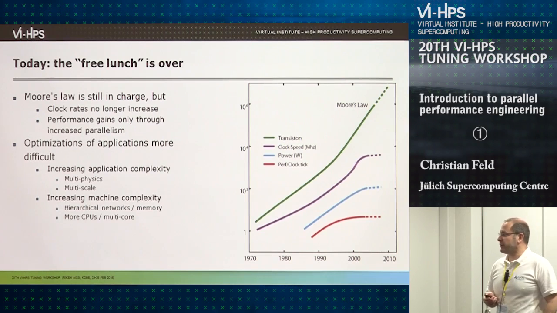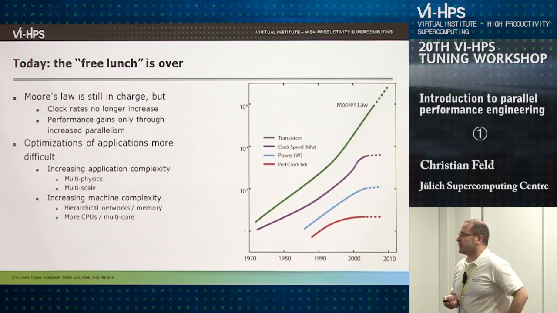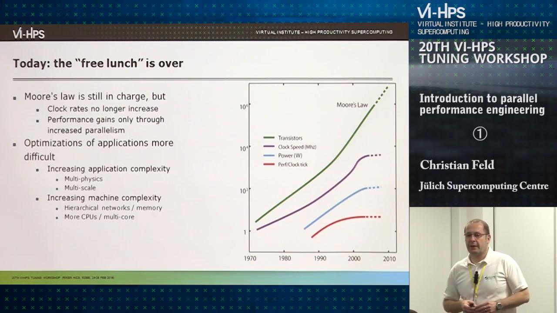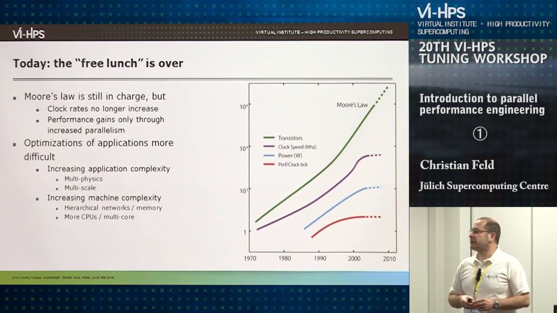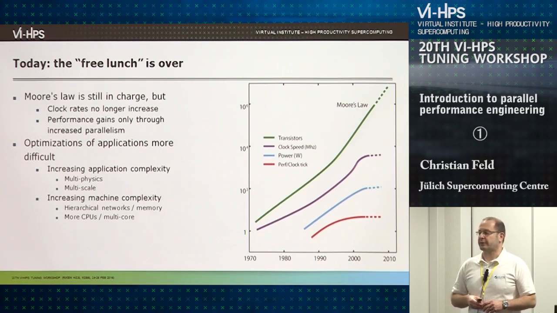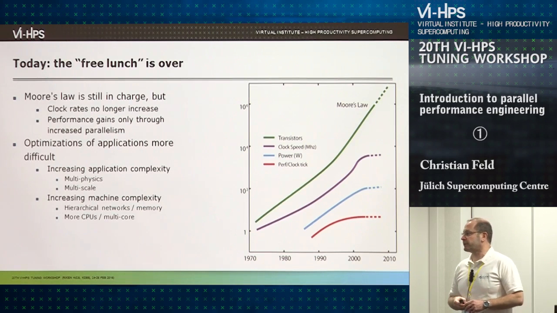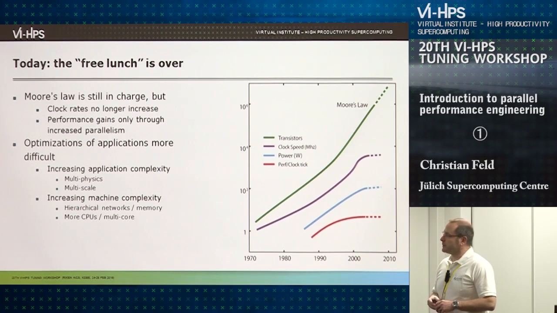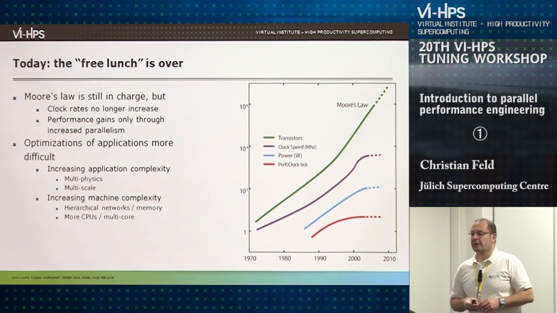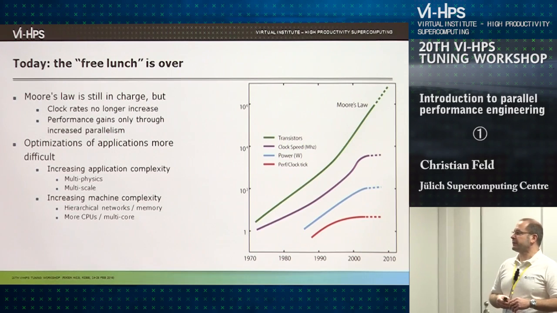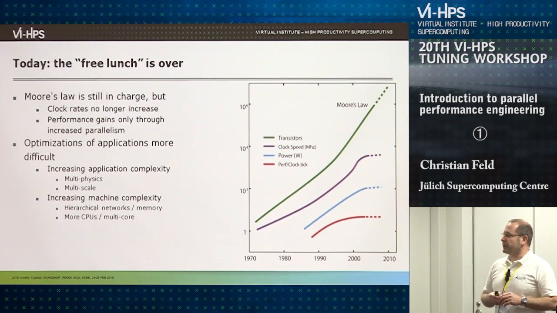But from 2004 on, the hardware vendors realized that it's not possible to increase the clock rate any further because of the heat dissipation. You could not cool the systems, and also you could not provide all the energy needed for huge computer systems.